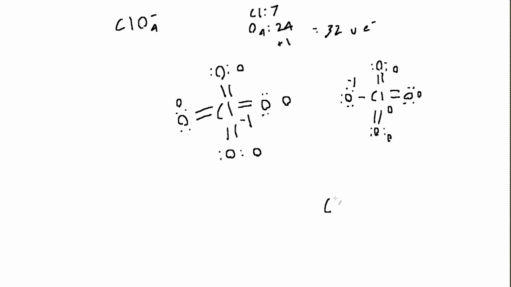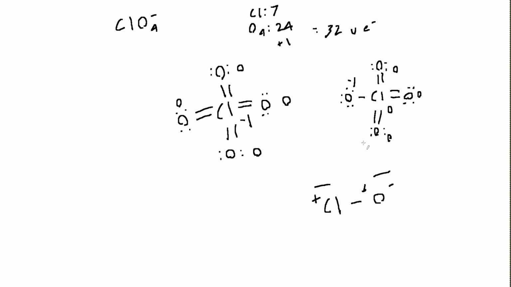So in a ClO bond, right, a double bond, single bond, it doesn't matter, the electrons in the bond are always going to be slightly closer to the oxygen because oxygen is more electronegative than chlorine is. And that means that we'd expect a slight positive charge on the chlorine and a slight negative charge on the oxygen. Now I should emphasize this is actually not a very polar bond. The electronegativity difference is pretty small, but it is significant enough to create a small dipole on each side.